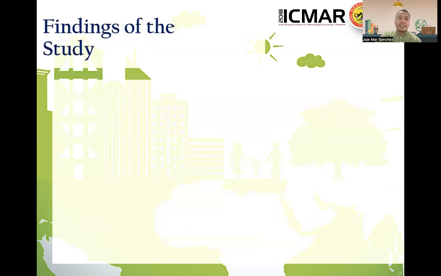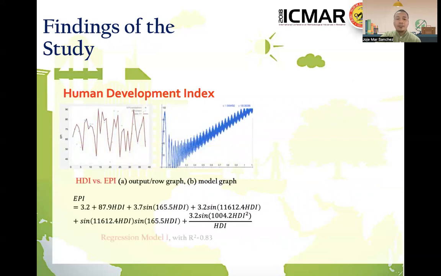And here are the findings of the study. We start with the Human Development Index impact to the Environmental Performance Index. So we have here the output row graph and the model graph, as well as the regression model equation, and lastly, the R squared of the regression model. And the R squared of this particular HDI-EPI relationship is 0.83, meaning 83% of future variances are accounted in this particular model.